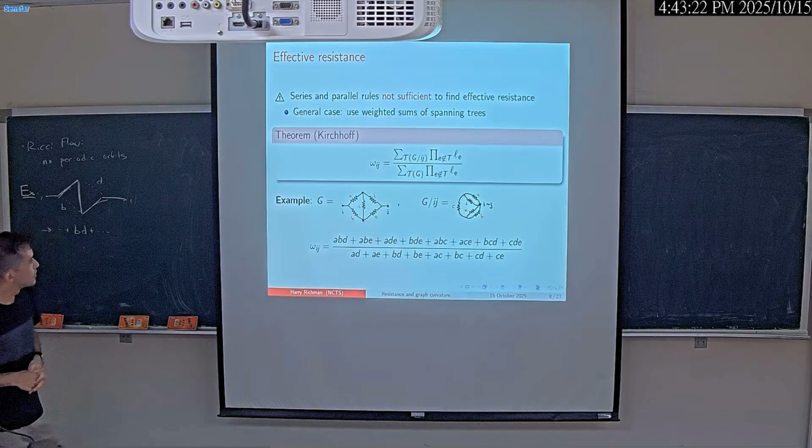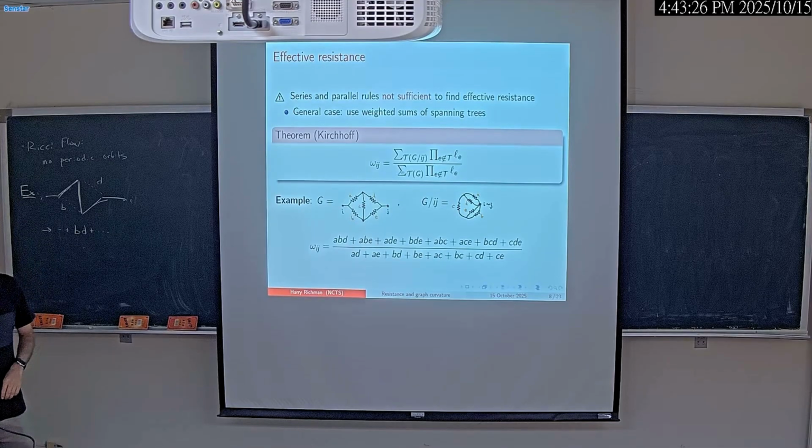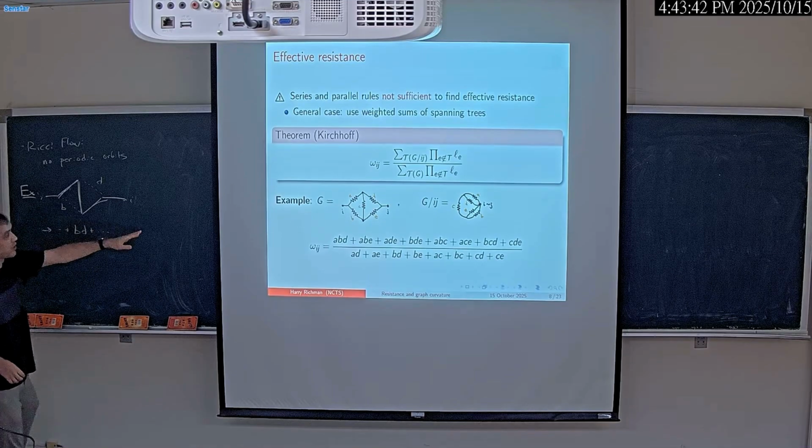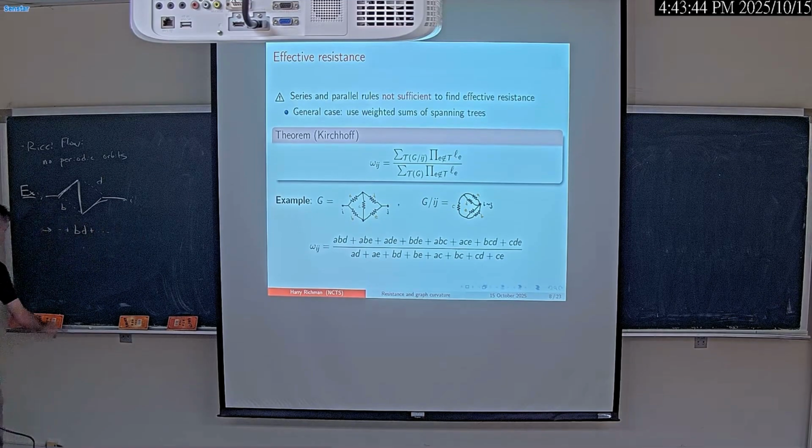What is the notation curly T of G? Oh, here. Yeah. The curly T is the set of spanning trees. So you mean a graph has many spanning trees? Right. So in this case, for our example graph, this is one spanning tree.